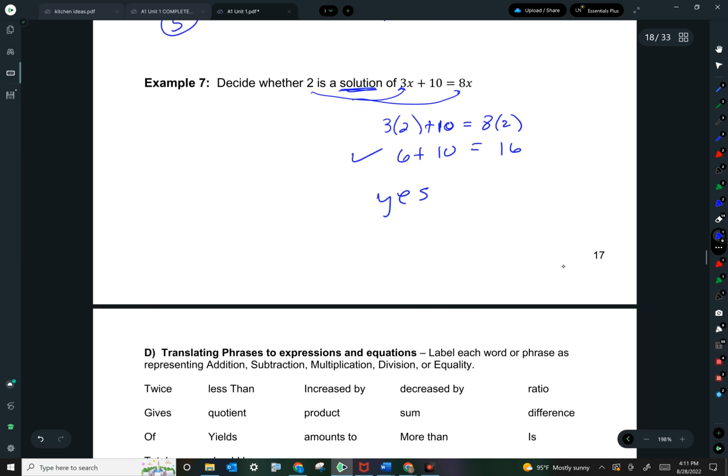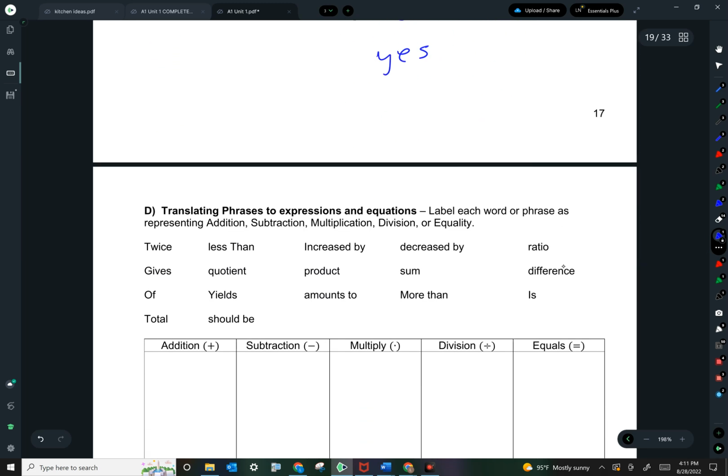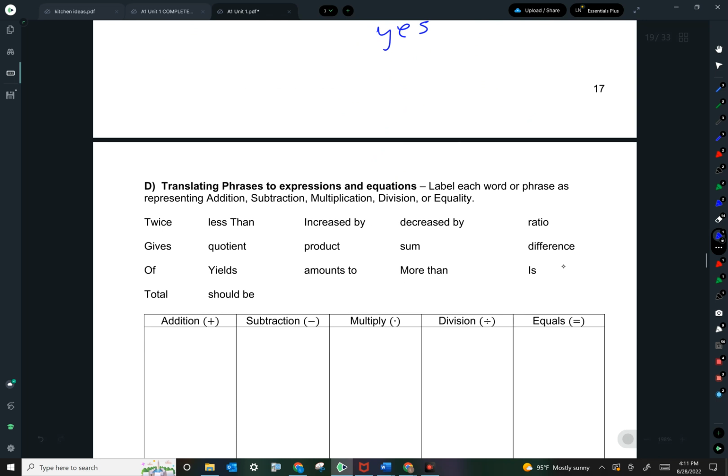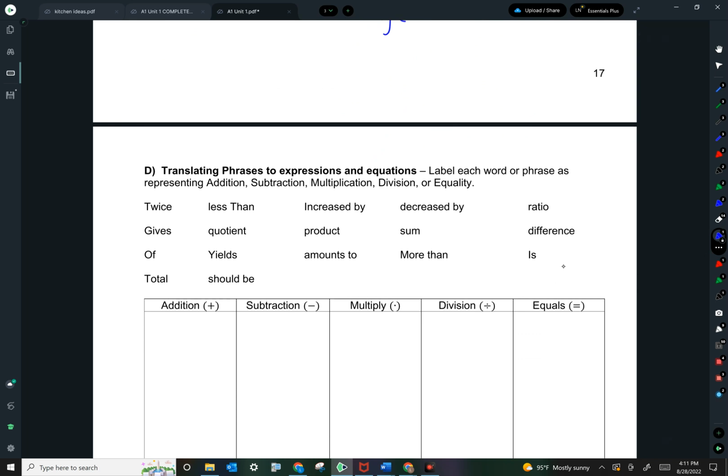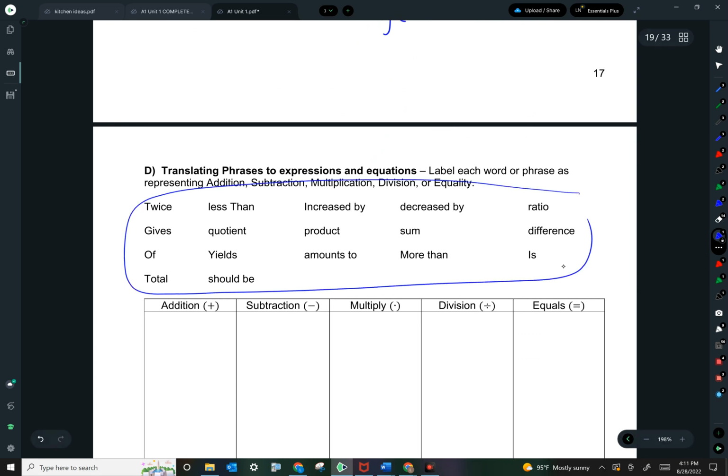All right. Some other things we talk about in this section are just some of the different words and what symbol they represent. So I could list all of these words down in our table down here, but just for the sake of time, since this is a video, maybe instead what I'll do is just next to each word, I will either put an addition sign, subtraction, multiplication, division, or an equal sign.